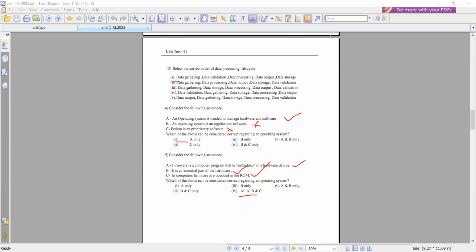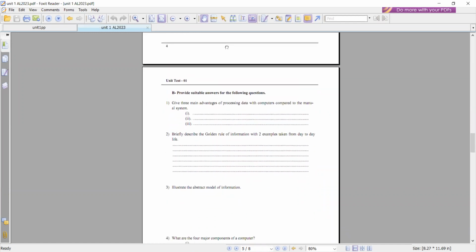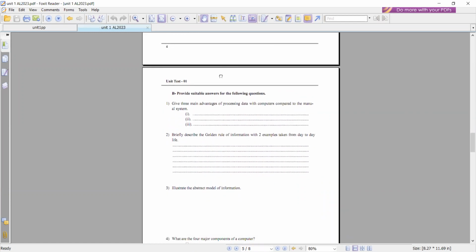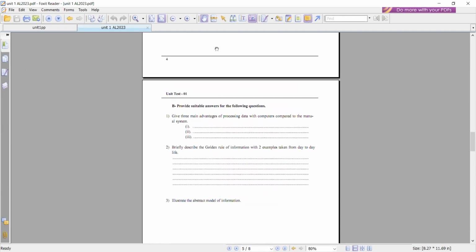That's all for the MCQs. We'll try to do the first three questions. If you can put your answers to the same Padlet link, that's better. I think you have the link with you. Otherwise, I'll send it again.